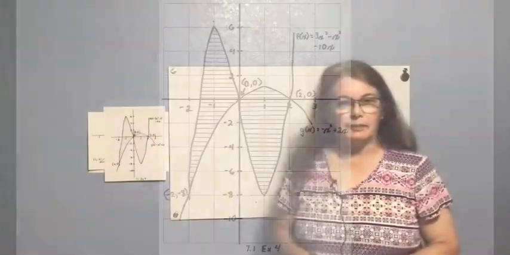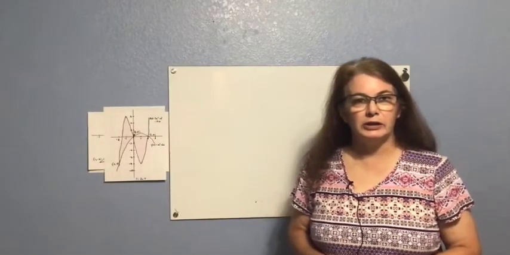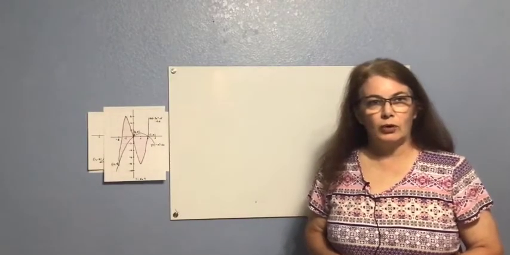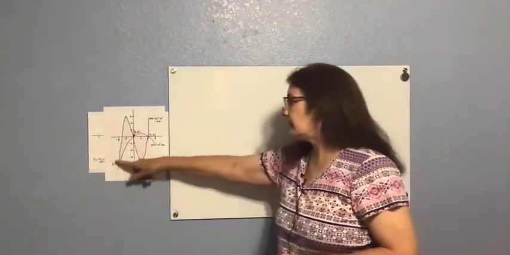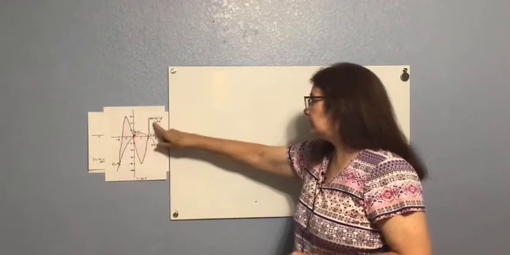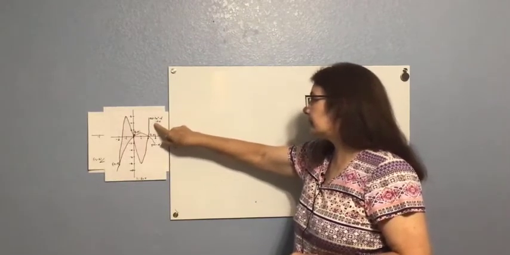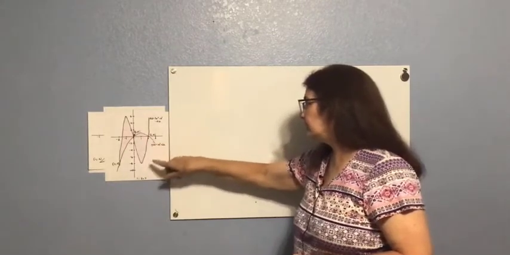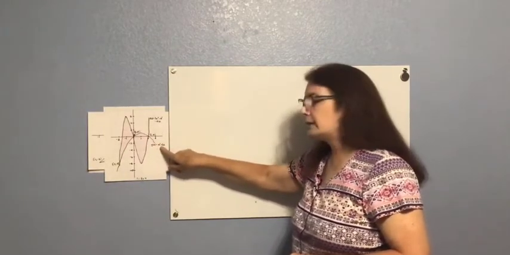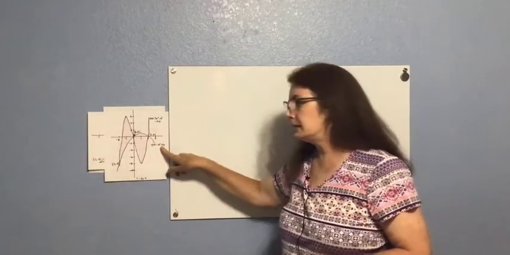In our next example, we're going to look at a situation where two graphs cross each other multiple times. In this example, we have a cubic function here, 3x cubed minus x squared minus 10x, and a quadratic function here, negative x squared plus 2x.